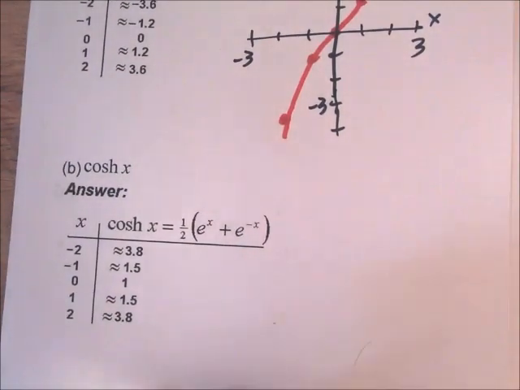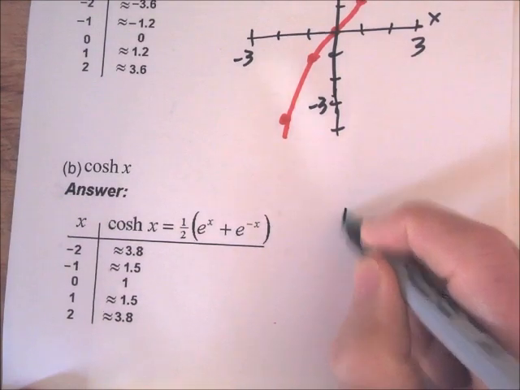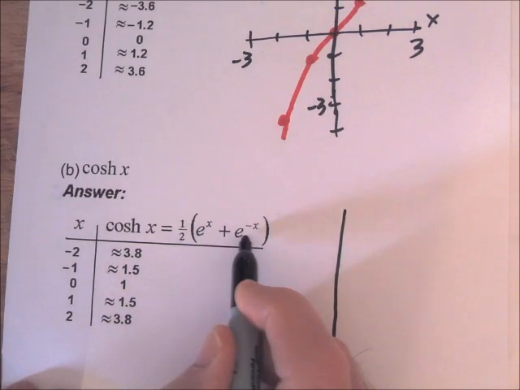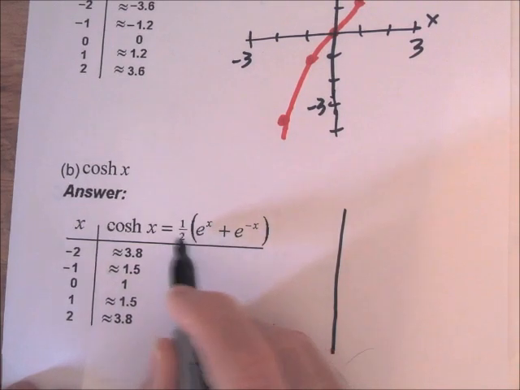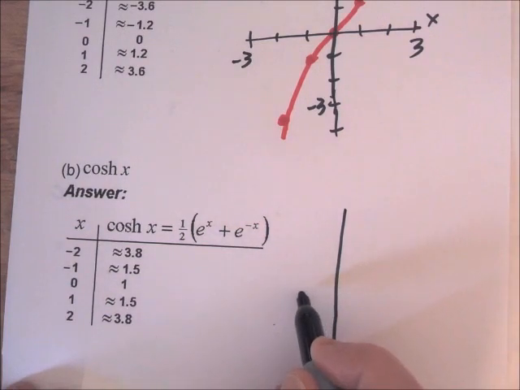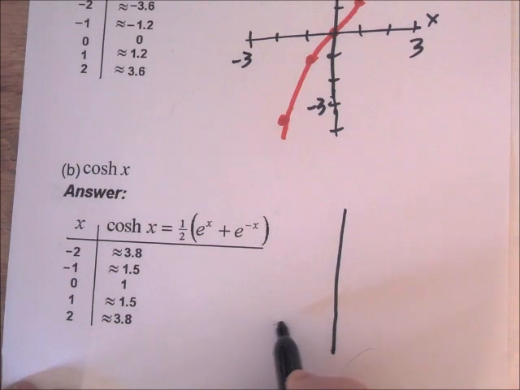Again, I have a table of values here, and I can plot the points. Since e to the x is positive and e to the minus x is positive, you're not going to get any negative values for the cosh. Everything's going to be positive.